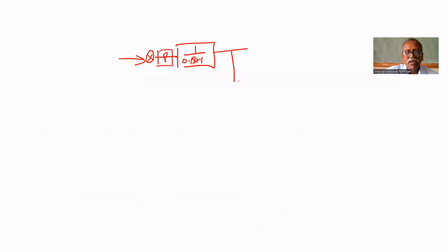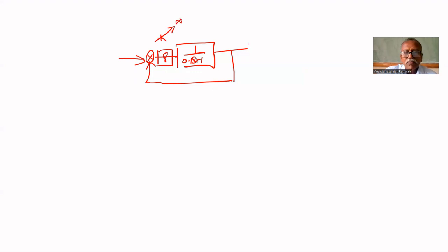So if you implement a cascade control, first let us consider this 1 by 0.1 S plus 1, that is the secondary process, and implement a P only controller. This can be controlled because it is a first order process, so K can be increased to any value, up to infinity.